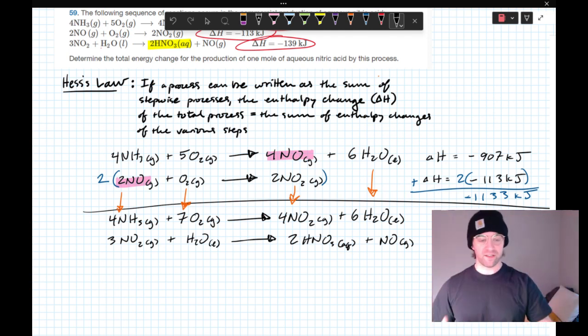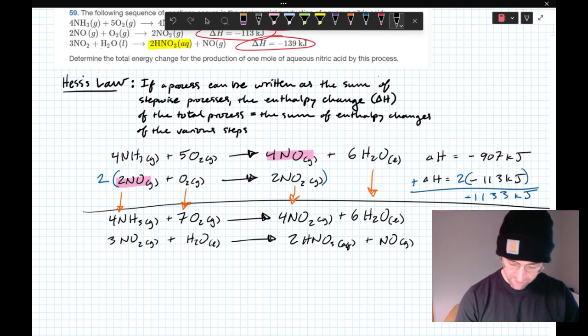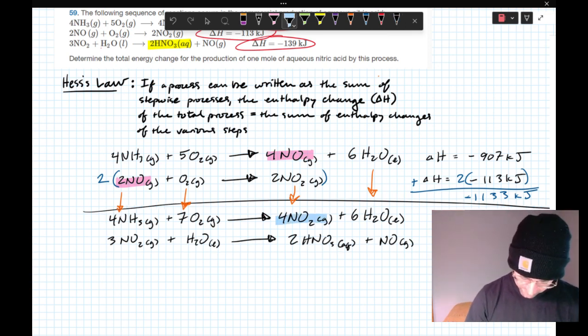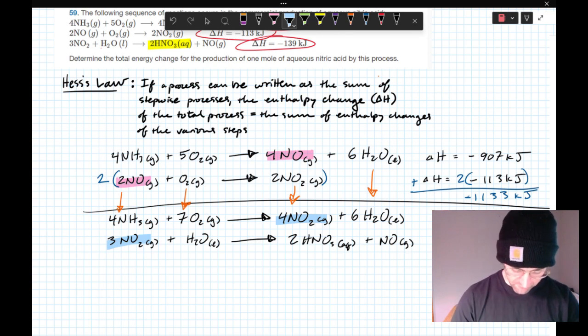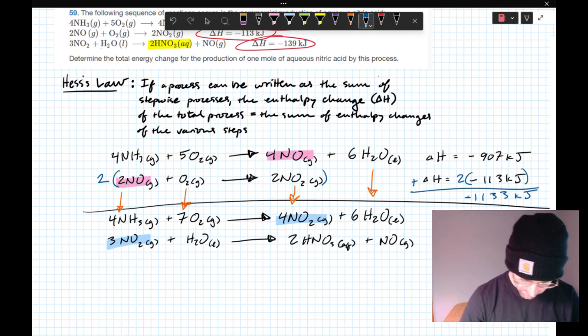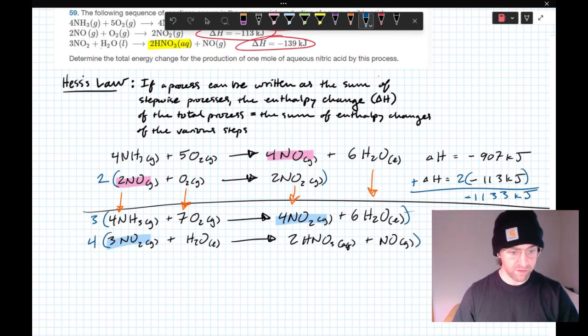Okay, so now we need to get their least common multiple for each of these. And the one we can cancel out here is this nitrogen dioxide. 4 and 3, lowest common multiple would be 12, so we're going to multiply this entire thing by 3, and this entire thing by 4, gets us to 12.